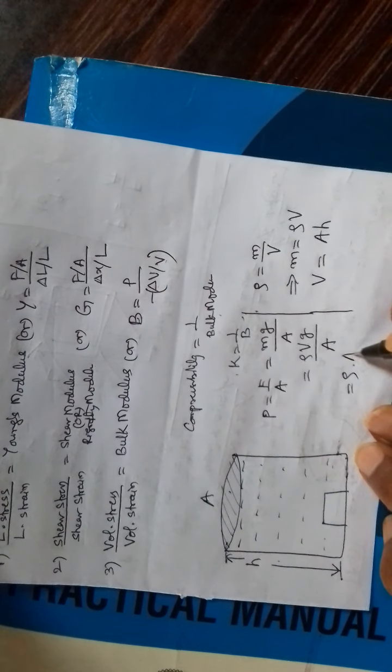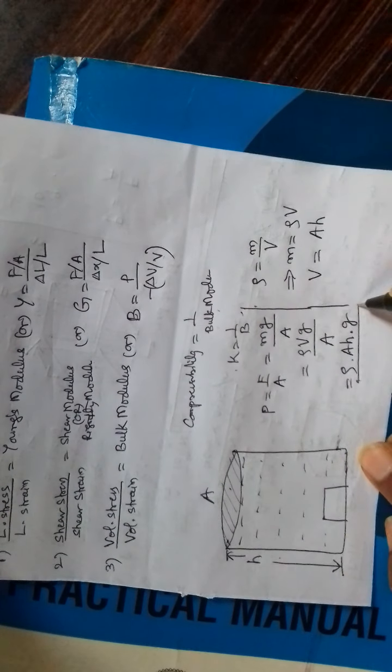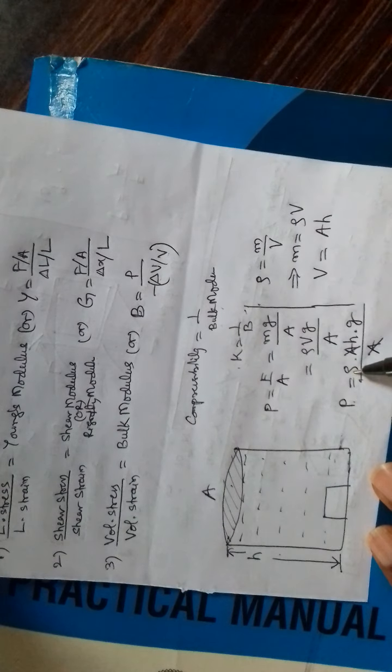Therefore rho into A into h into g by A. A and A get cancelled. So we got P is equal to rho g h.